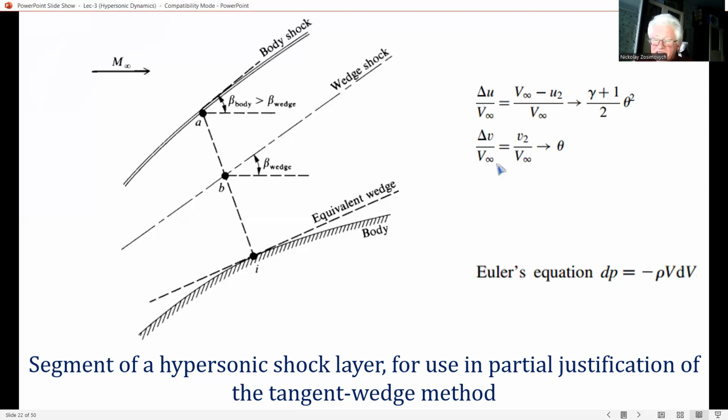And the next relation, dv over v infinity, which is v2 over v infinity, simply becomes theta.